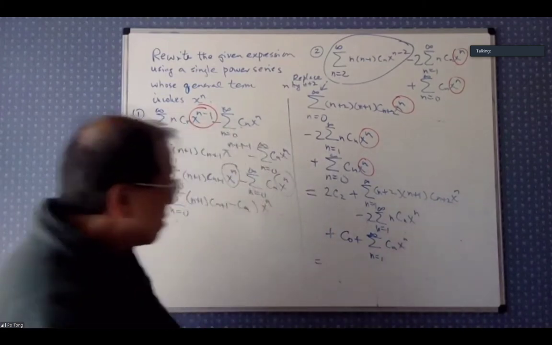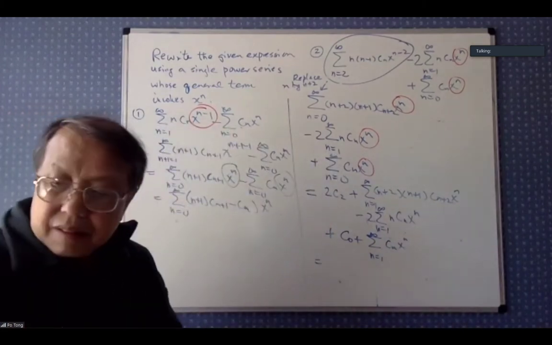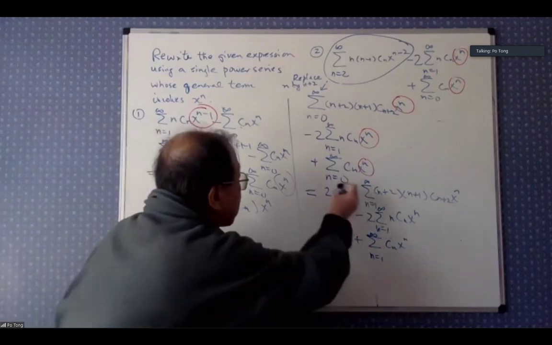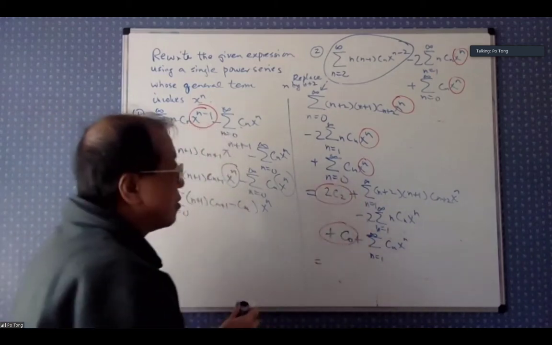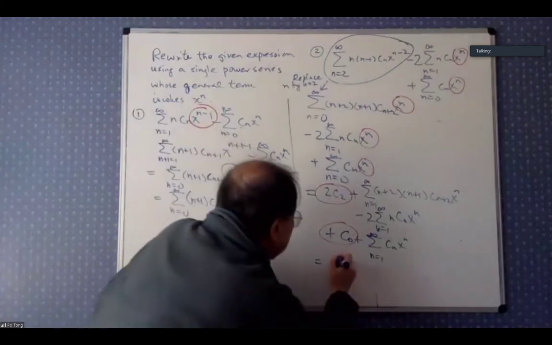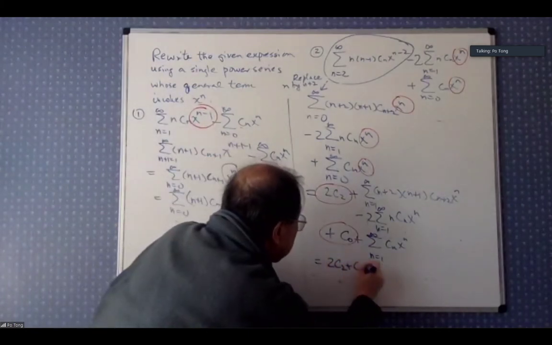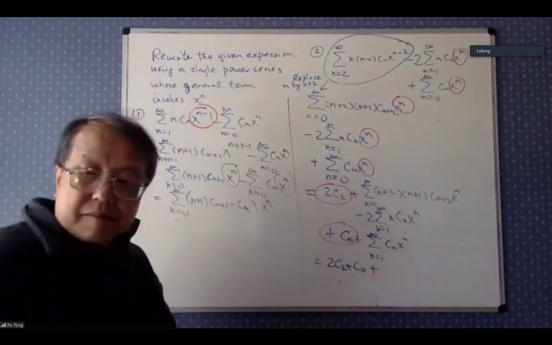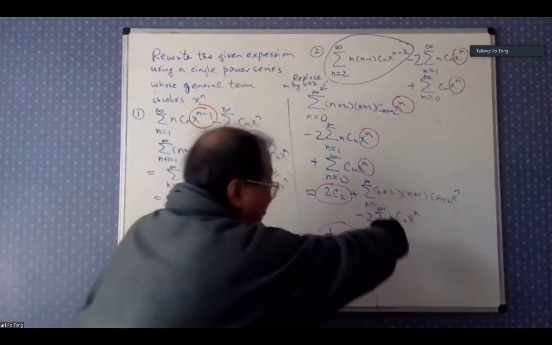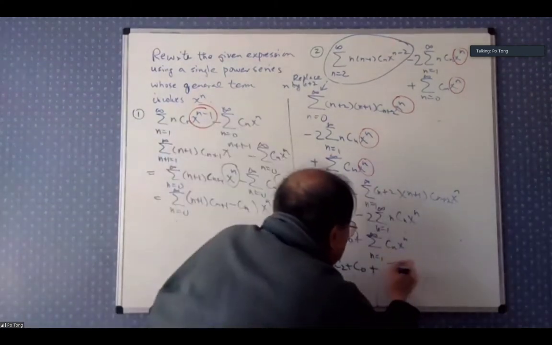Now, we basically special case these two terms. So you have 2C2 plus C0, plus all these other ones can be combined into one single summation.